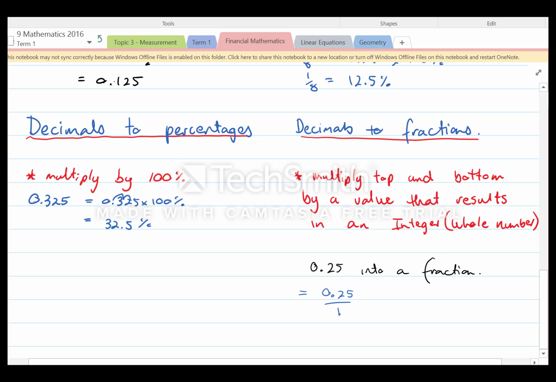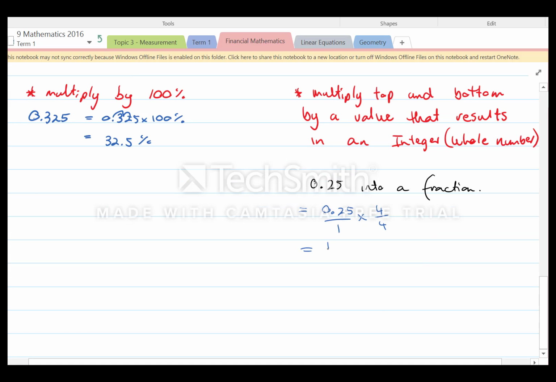Now, in order to get whole numbers on top and bottom, we need to multiply the 0.25 by something. So I can see that if we multiply that by 4, we get 1. So we'll multiply by 4 on top and bottom, and we're left with 1 on 4. Now, that's already in its simplest form, so we don't have to simplify that fraction at this stage.